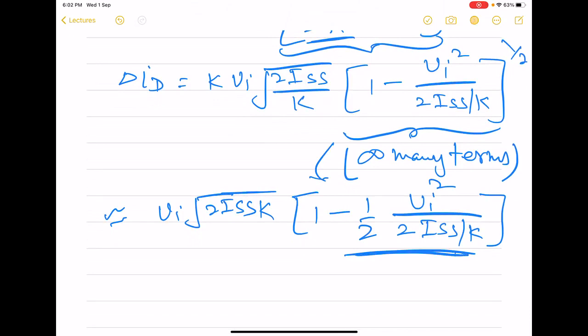We have neglected the second and higher order terms in the expansion of this square root term.